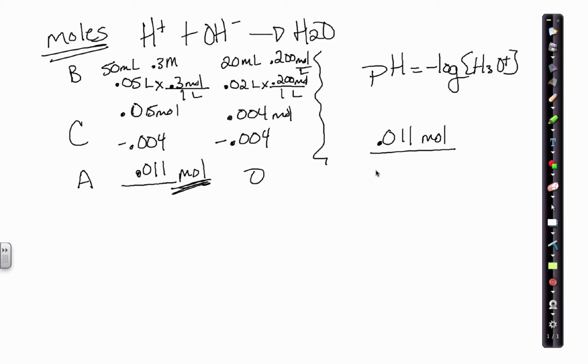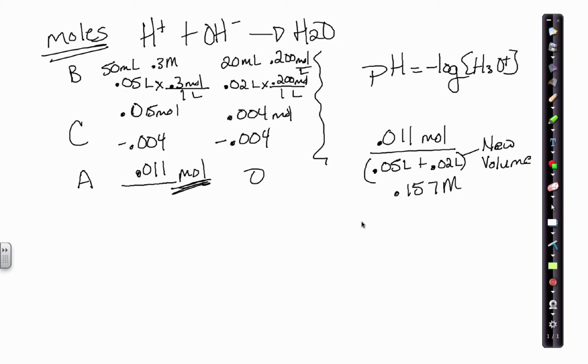So it's 0.05 liters plus the 0.02 liters. So you have to find the new volume when you do this because the volume is changing. Every time I add some more base, my volume changes. So once I do that, I'm going to get 0.157. And that is my concentration.